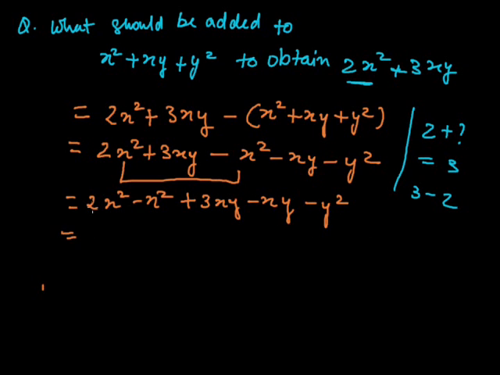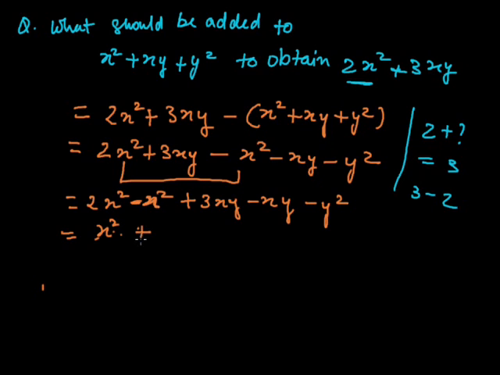Now 2x square minus x square means 2 minus 1. Therefore it will be x square. Whenever no number is written before the algebraic part, it is understood that 1 is written here. So 2 minus 1 is 1. So 1x square plus now 3xy minus xy.